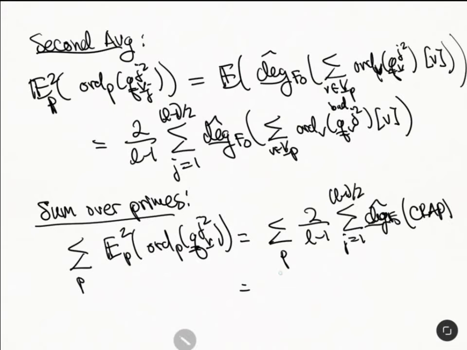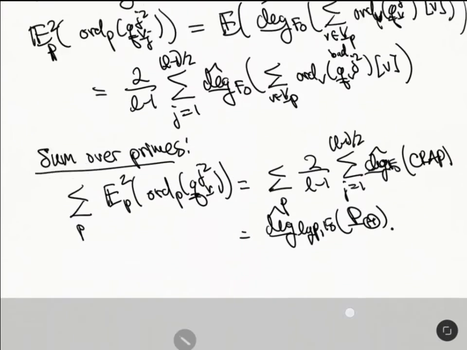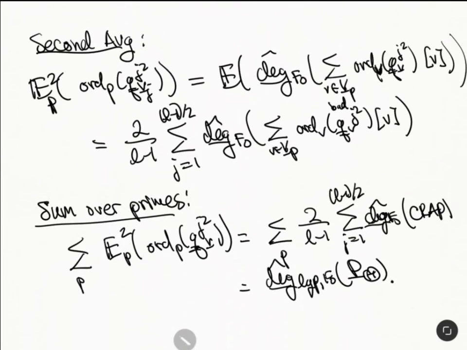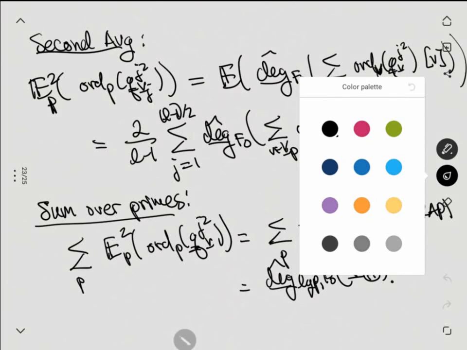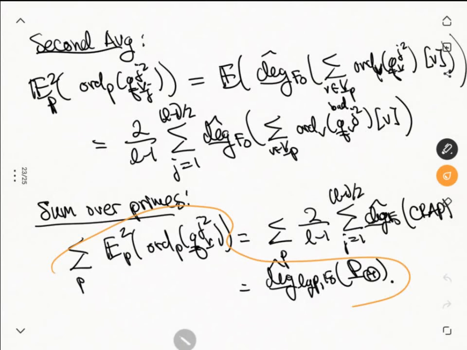This turns out to be the LGP degree of F0 of the theta pilot object. Okay, and this is what we get. So the conclusion is that this is equal to this.